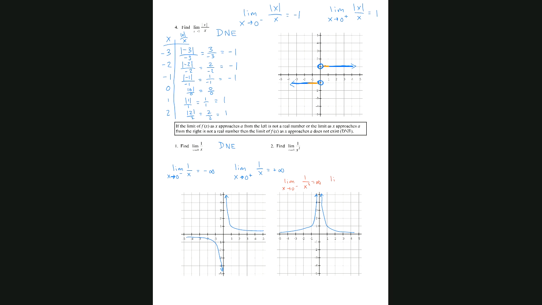And the limit as x approaches 0 from the positive side of 1 over x squared is also infinity. But even though they match, we still can't say that the overall limit exists because there has to be a real number L that they actually approach. So I'm going to put DNE. Does not exist.